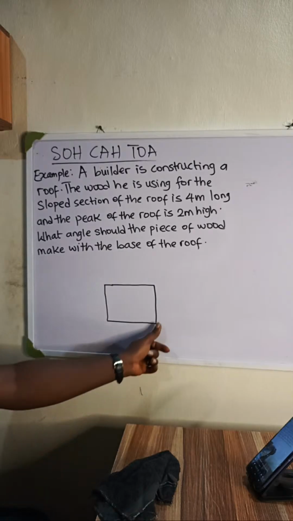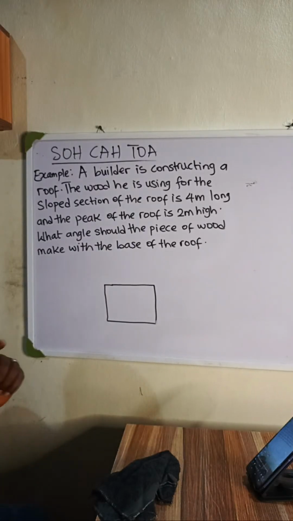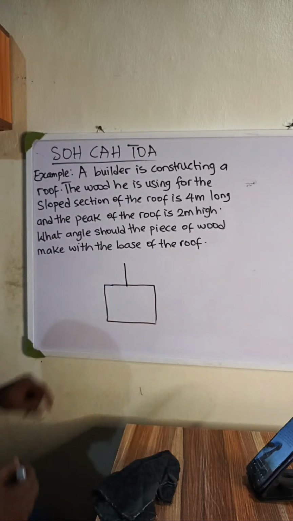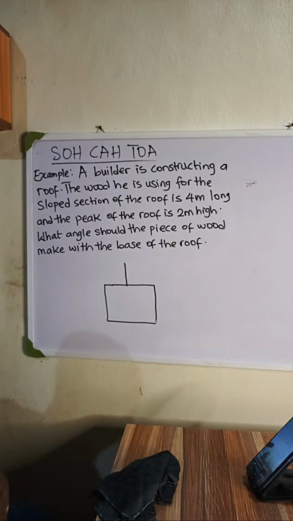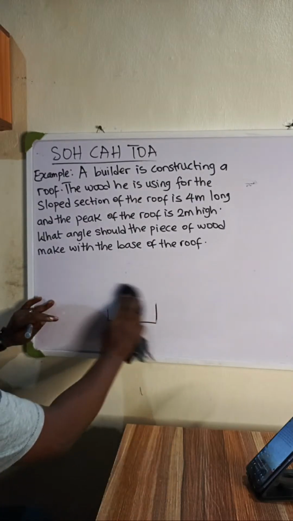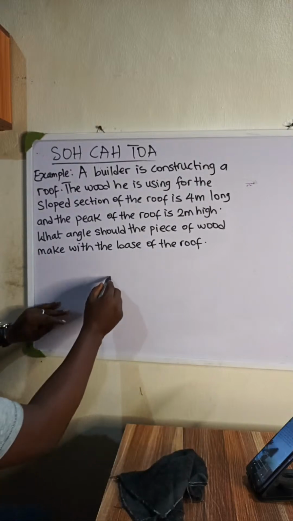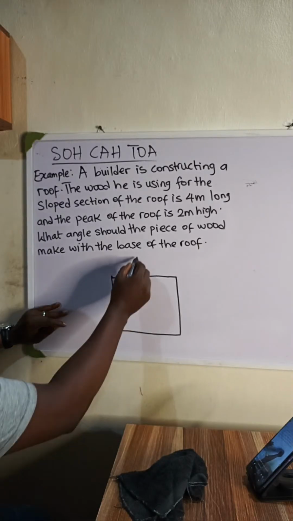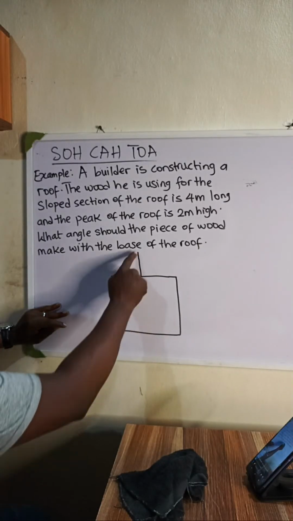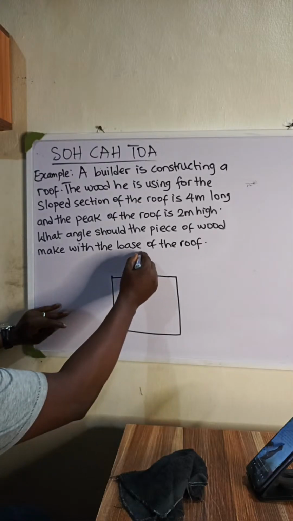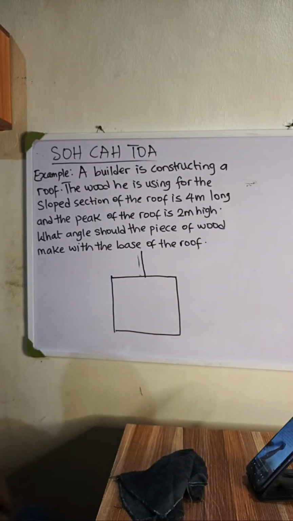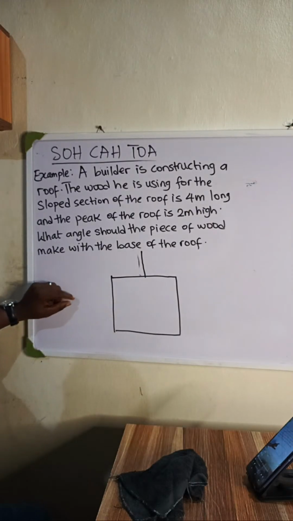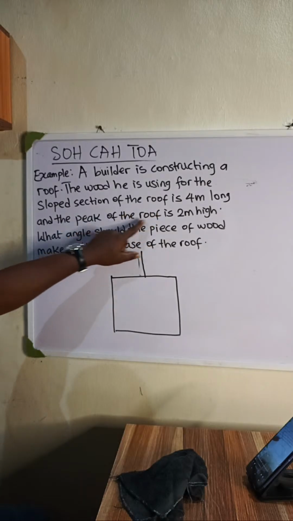Whenever you are building a house, the peak of the roof is mostly at the middle of the house. Let me increase the diagram size. So the peak of the roof is usually at the middle of the building, and we are told that the peak is 2 meters high.